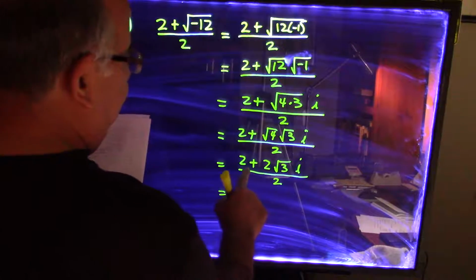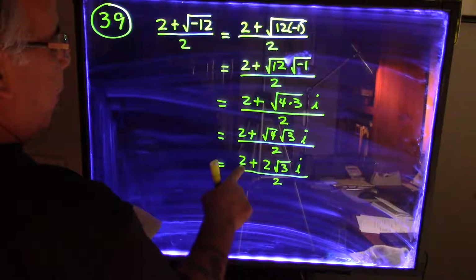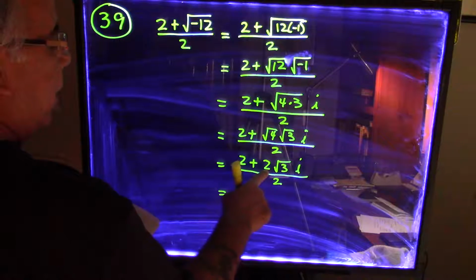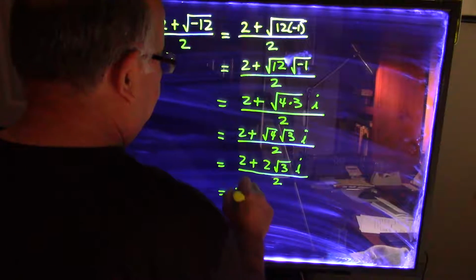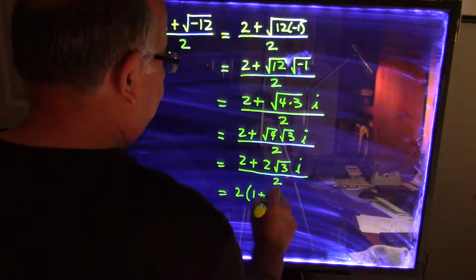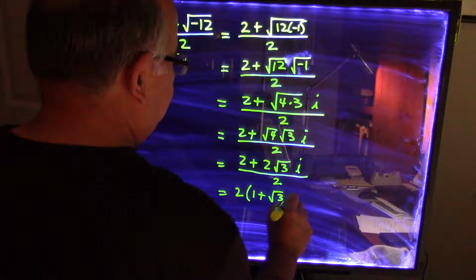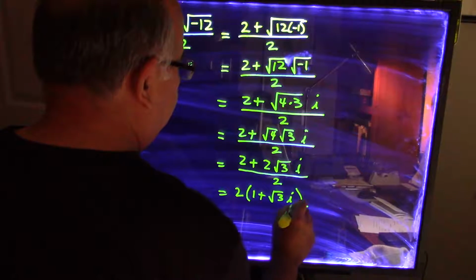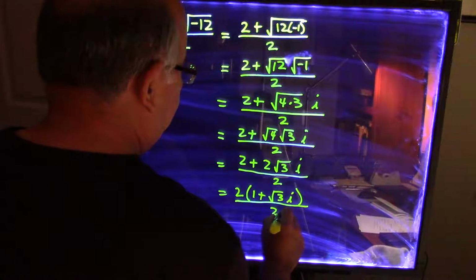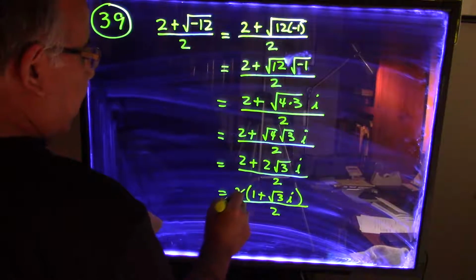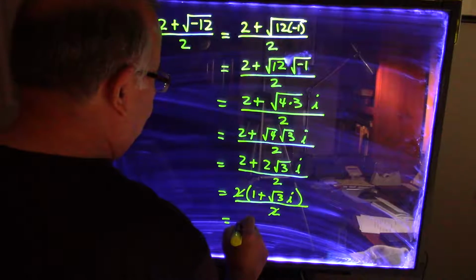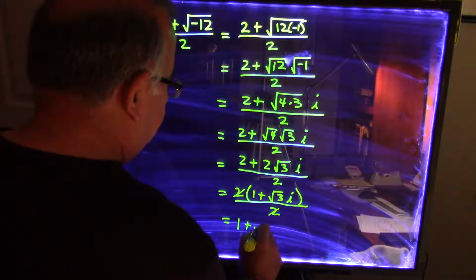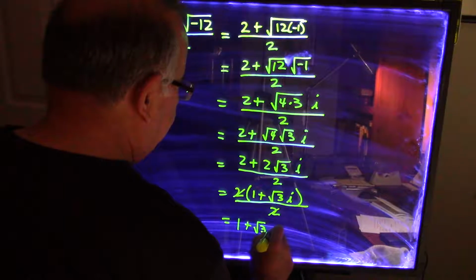And now you can factor a common factor of 2 from these two terms here, which I'm doing now, and that leaves me with a 1 plus square root of 3i, all over 2. And now you can cancel the 2's, so you end up with just 1 plus square root of 3i.